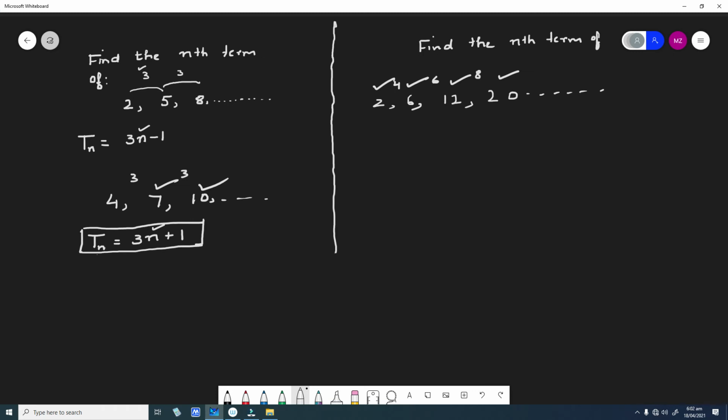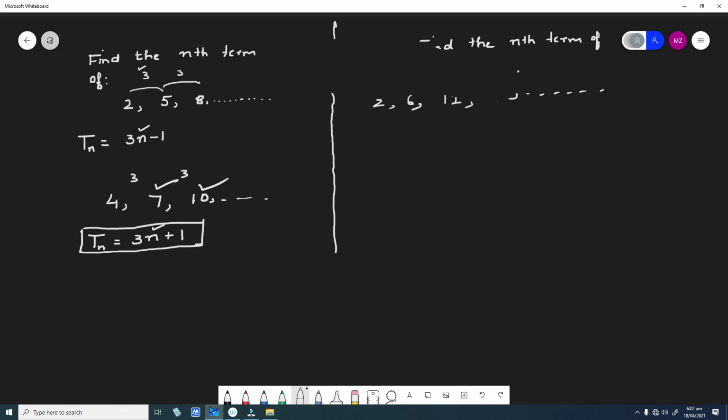So the difference between terms is not the same. So we can't rely on this method. We have to devise some other method in order to find out the nth term of this sequence.